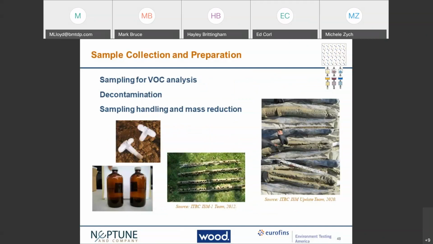In the case of doing subsurface samples at a certain depth, you might need to split your core to reduce the amount of mass that is going to be submitted to the laboratory. And also, like we touched on before, decontamination only needs to occur on the DU level or the SU level. So in all the individual increments, because it's part of the same sample, it won't require as rigorous of a decon procedure.